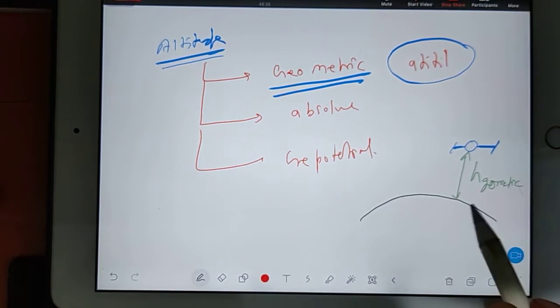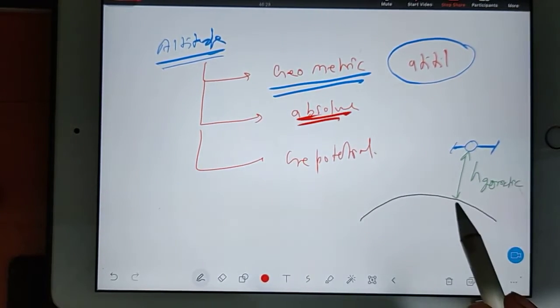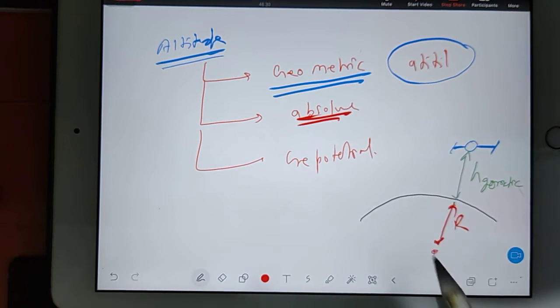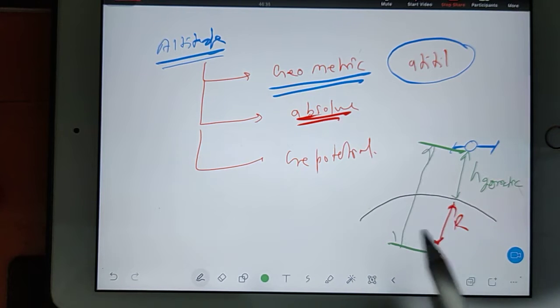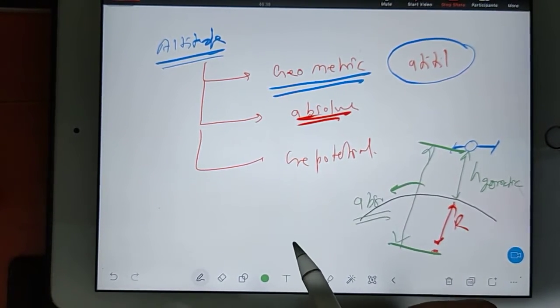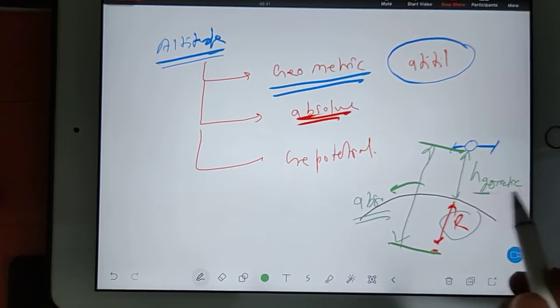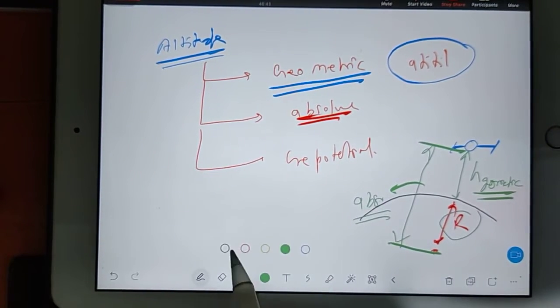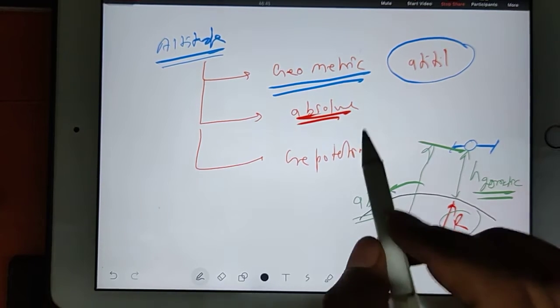And what is absolute altitude? You add the radius also to this, then you will be getting the center. Means when altitude is measured from the center, that is known as absolute. So absolute altitude is nothing but radius plus geometric altitude. Now what is geopotential altitude?